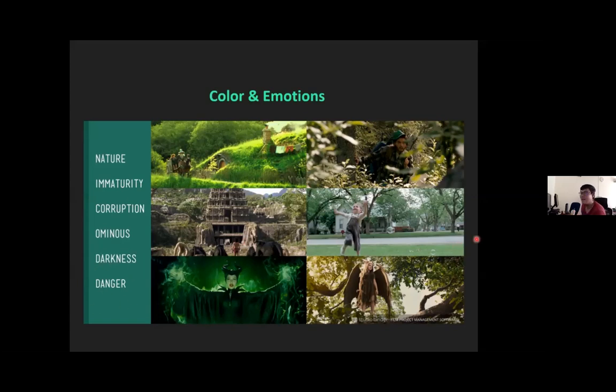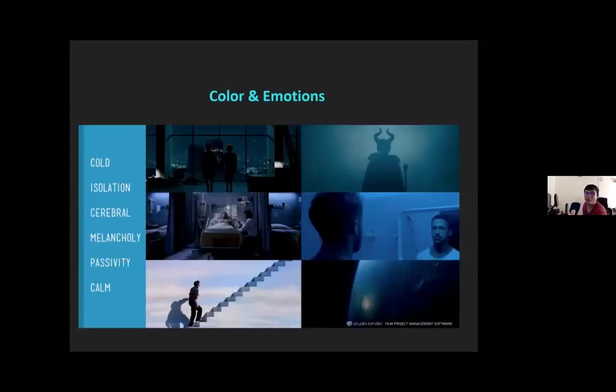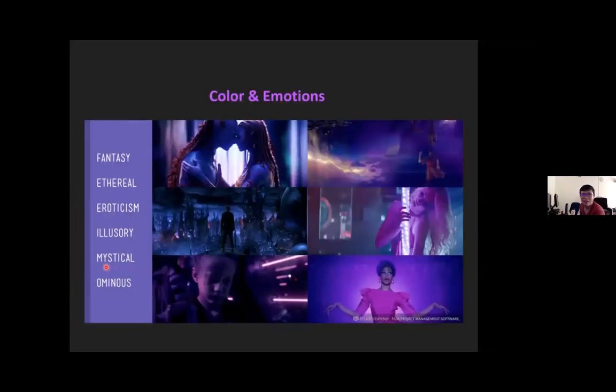All right, next, blue. What do you feel about the color blue? Cold, isolation, melancholy, passivity, calm, right? That is how you feel about blue. Next, purple.